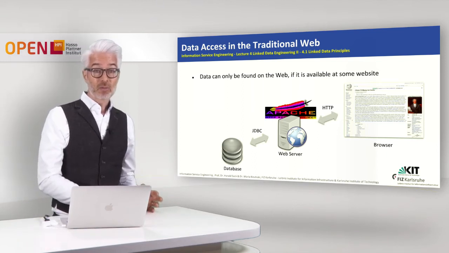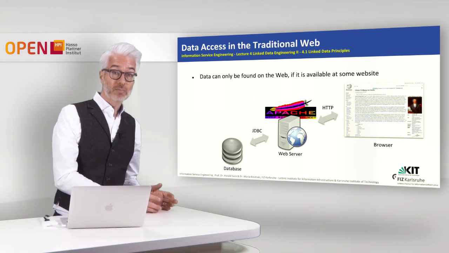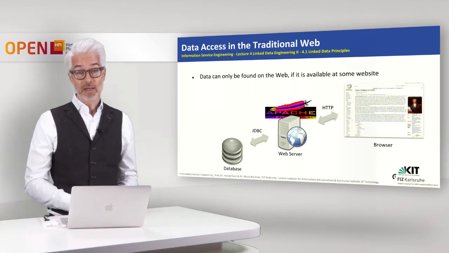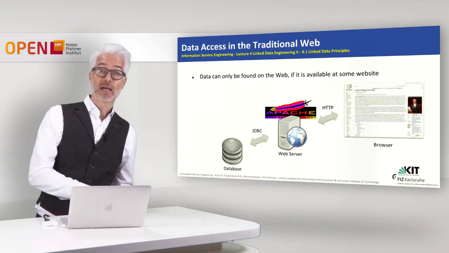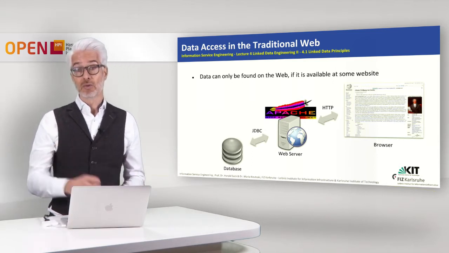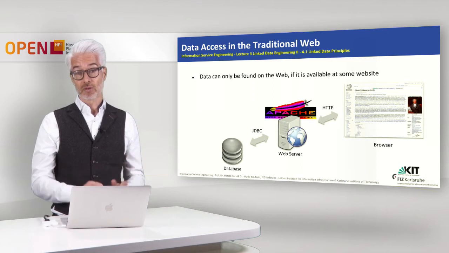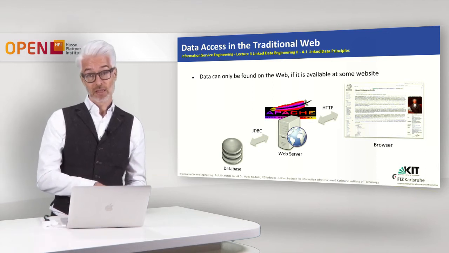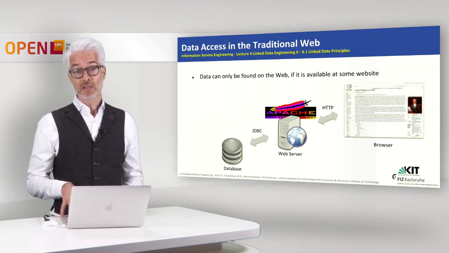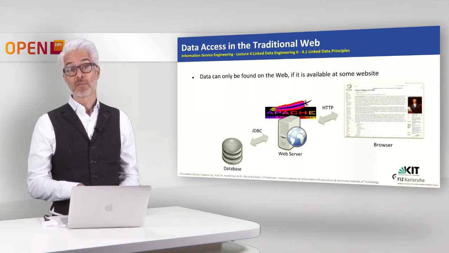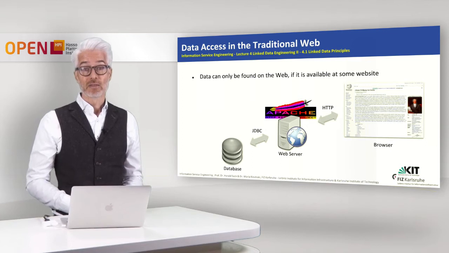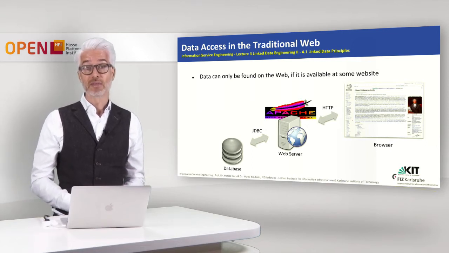And the database provides data which is put into some kind of template, and the web server then delivers exactly that encoded via HTML to the browser. So there are many protocols involved. The web server communicates with the browser via HTTP, and the web server on the other hand communicates also with the database over some other kind of database connector, for example JDBC.